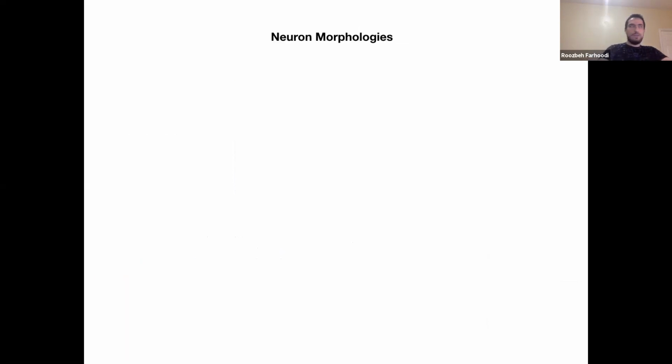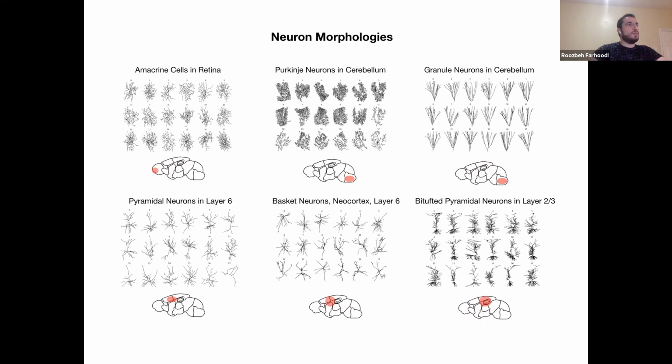So what are neuron morphologies? If you haven't heard about them, I have plotted six different cell types here, all from the mouse brain.